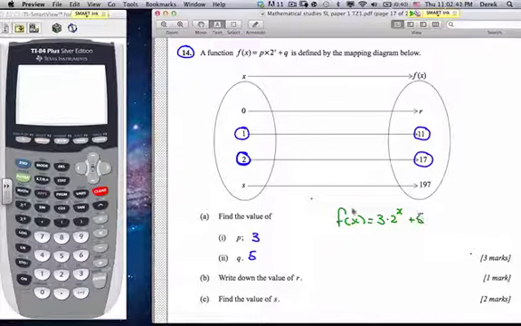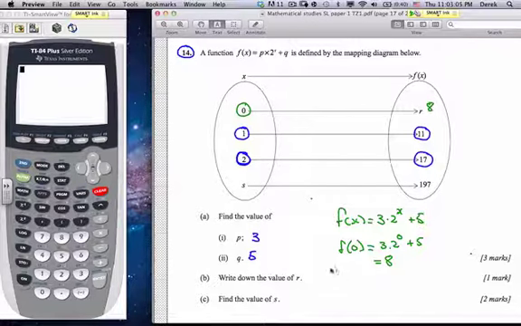This is my equation. So now to find the value of r, that is when x is equal to 0. So f of 0 is equal to 3 times 2 to the 0 plus 5. We know anything to the power of 0 is 1, so it's 3 times 1 plus 5, so that's going to equal 8. So r equals 8.